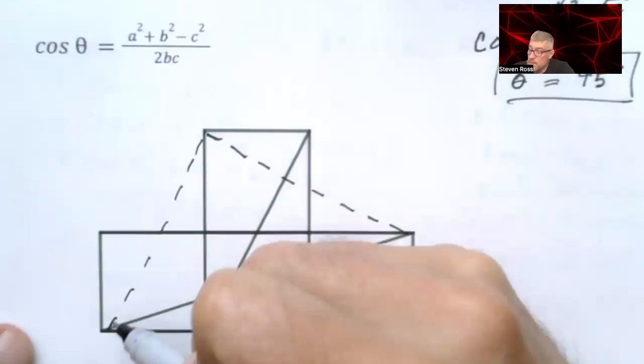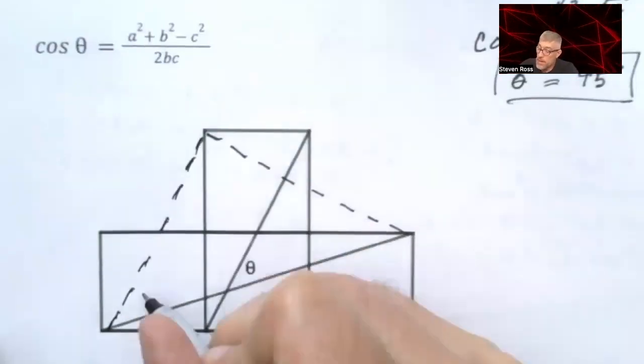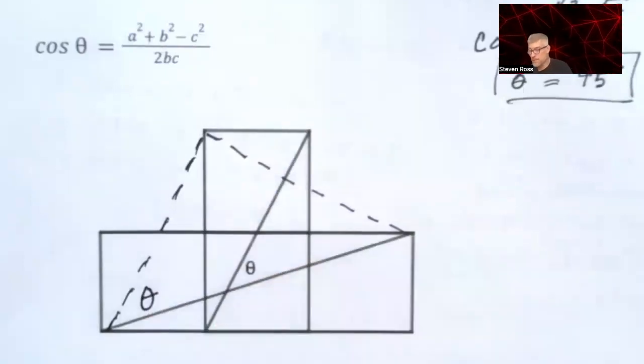So looking at this now, I have a triangle, and of course that is my theta again right there. So I have a triangle, and I think with this triangle I can find all 3 side lengths.